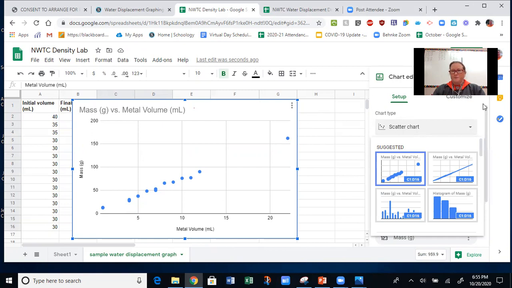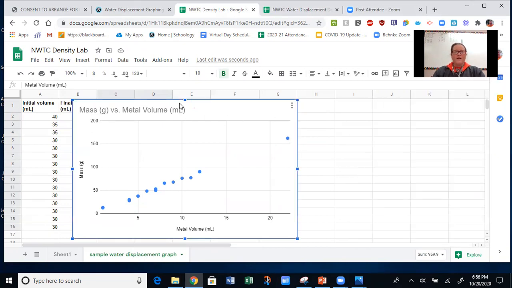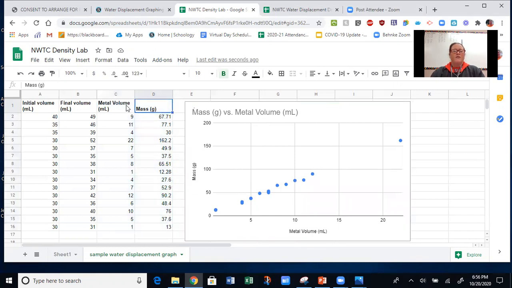And this is the graph that it has produced. And you'll notice that it says mass in grams versus metal volume in milliliters. What it took for the title was the headings that we had here. So you can see that this is a pretty straight line.